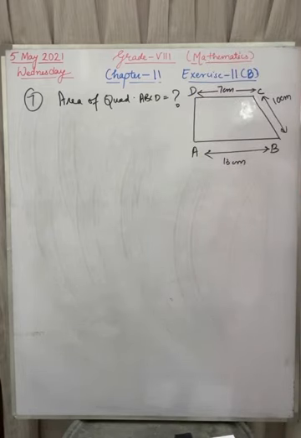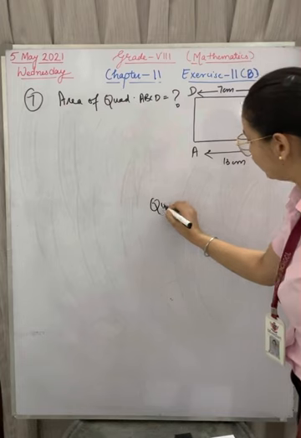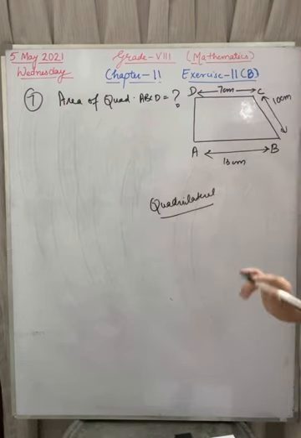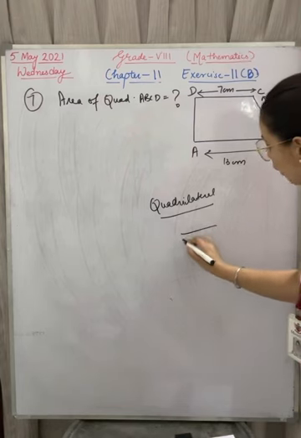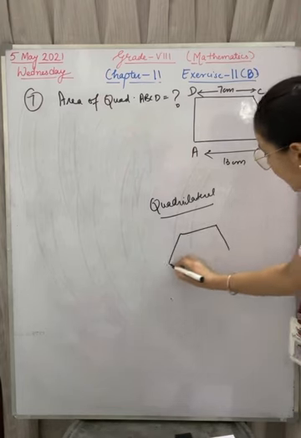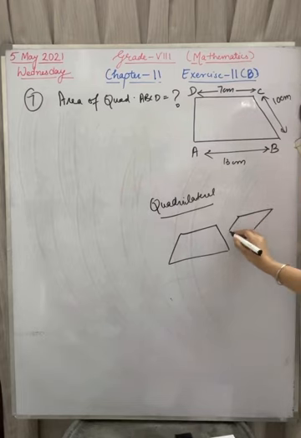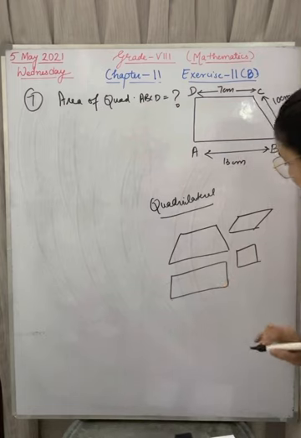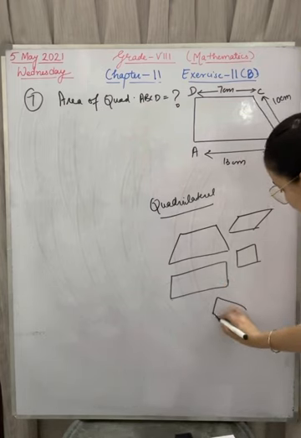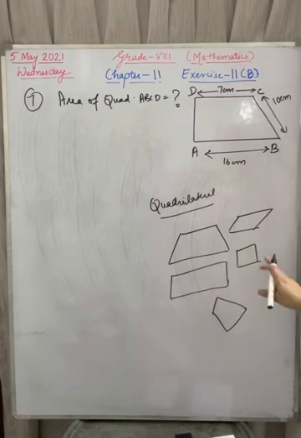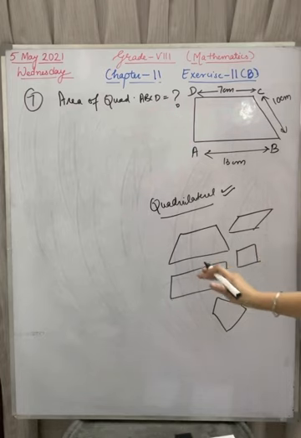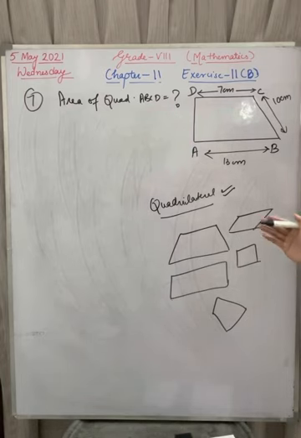First of all, I want to tell you that a quadrilateral is that which is made up of 4 line segments. Whether the shape is this, or this, or this, or in any way, these all are quadrilaterals. A quadrilateral is a closed figure which is made up of 4 line segments.